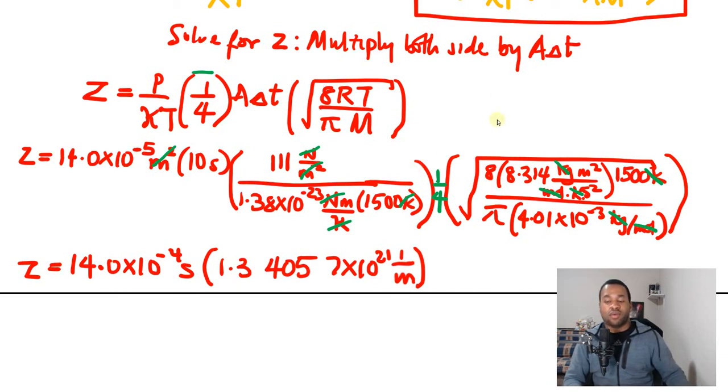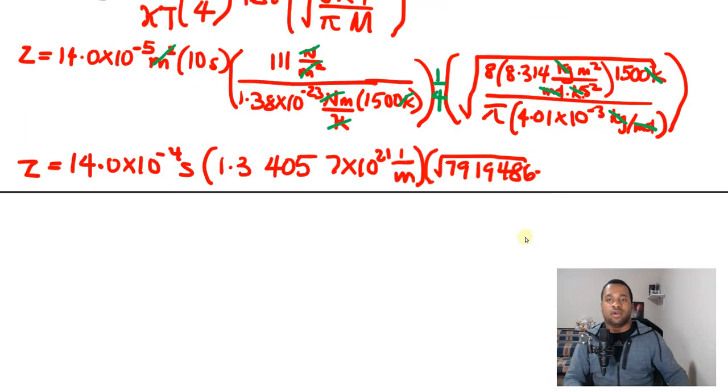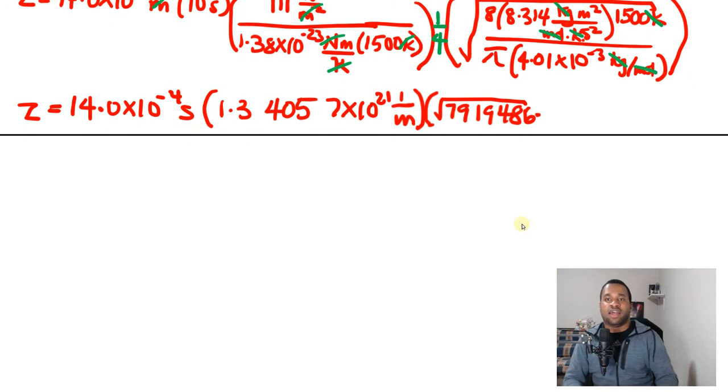And the other one now inside this particular square root is we have our value to be the square root of, in this case, 7919486.4. And take note here that our unit is in meter squared over second squared.